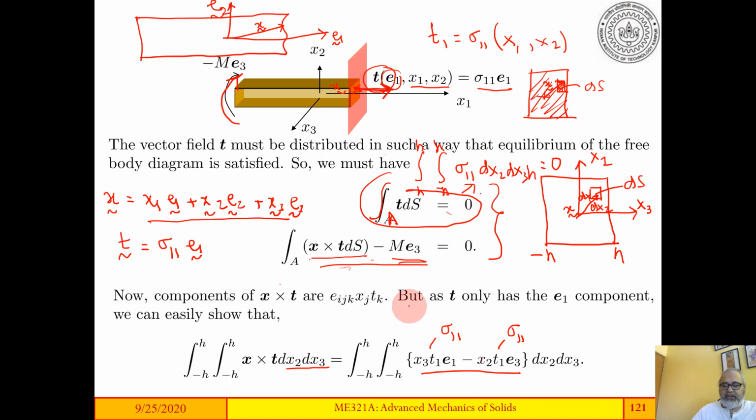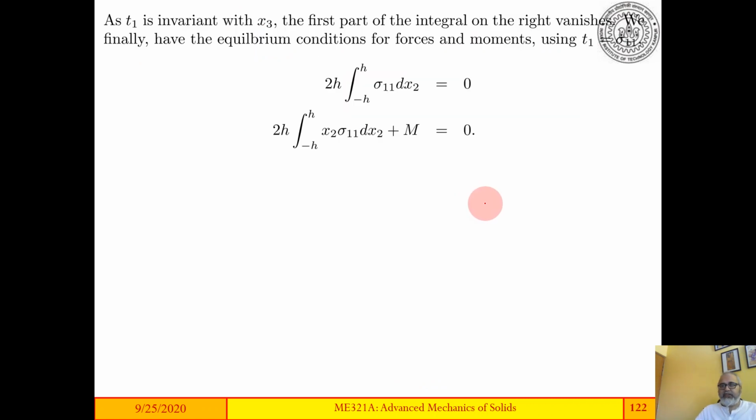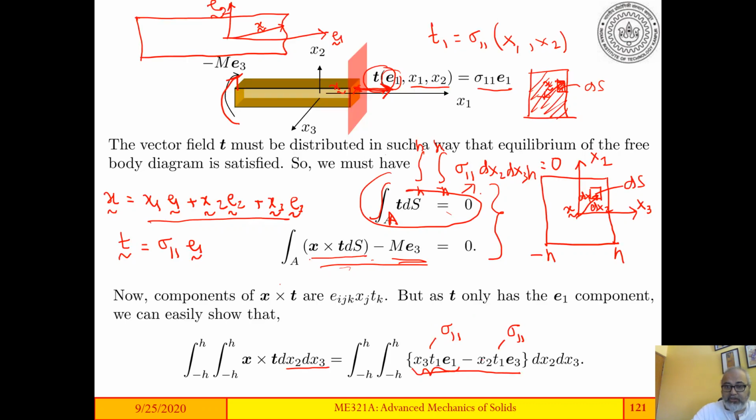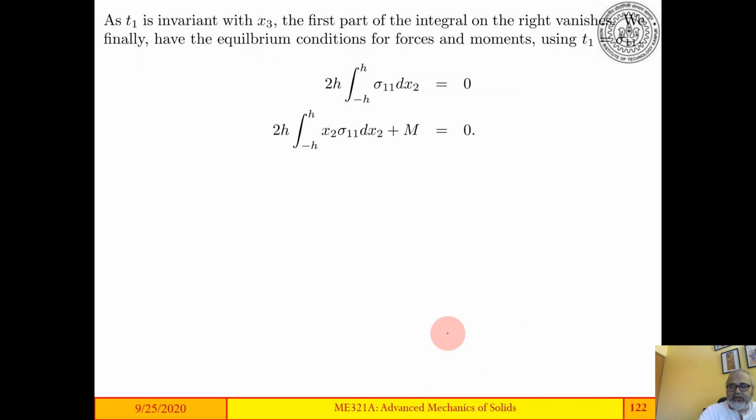It's not a function of x3, which means that this, when integrated from minus h to h, has just x3 in it. So this turns out to be 0, and you are left with, this turns out to be 2h, and you are left with these two integrals. So now you are left with only an integral in dx2.